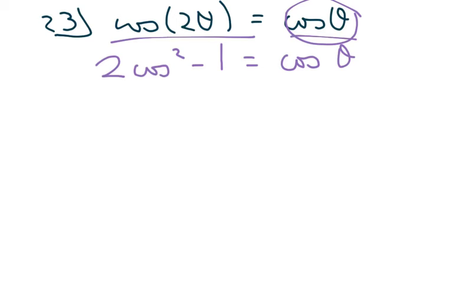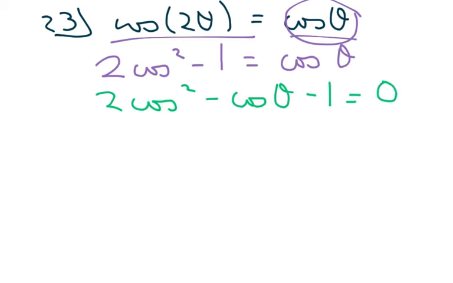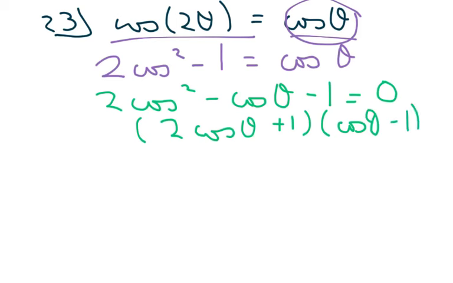Now it looks quadratic in form, so I move it over and I have 2 cosine squared minus cosine of theta minus 1 equals 0. I factor this and I get 2 cosine theta plus 1 and cosine theta minus 1 equals 0.